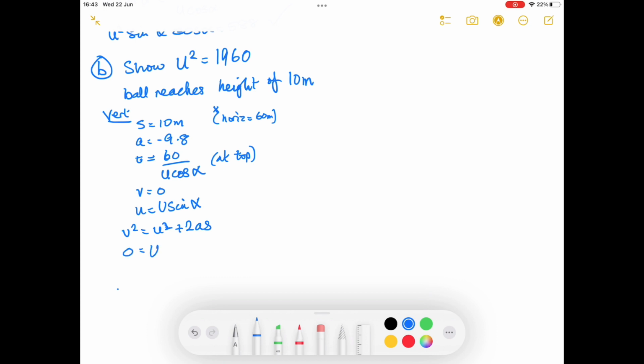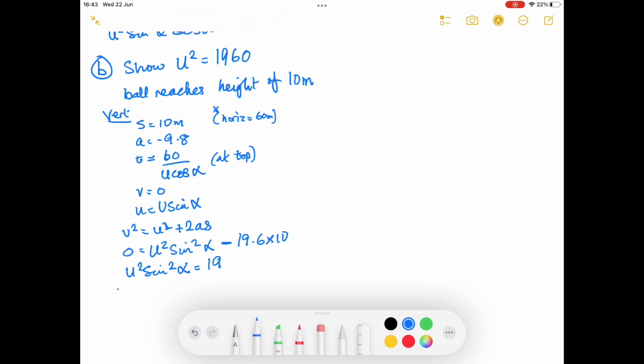And minus 19.6 times 10, the distance. So u squared sine squared alpha equals 196.